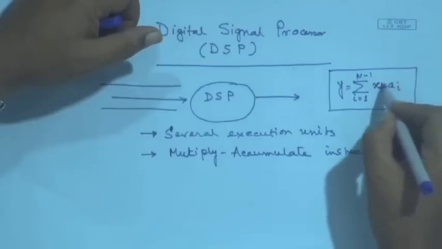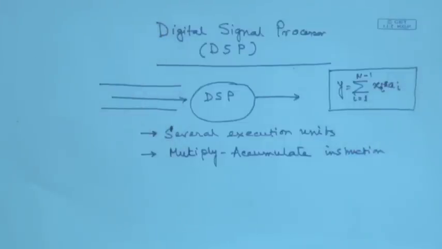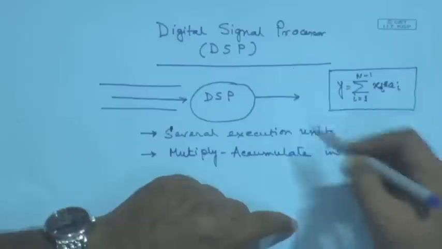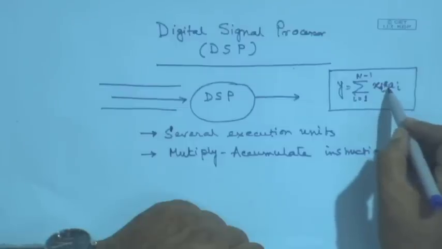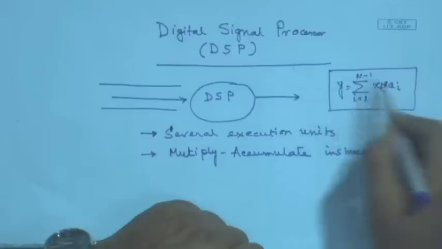So, there is a multiplication here, and we will go on doing this. Multiply and accumulate, multiply and add, multiply and add. This is a multiplication, x_i multiplied by a_i, and that is being added continually.